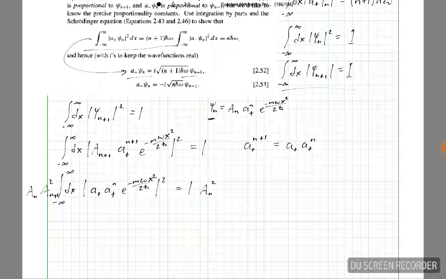And now, to follow Griffiths' lead here, to keep the wave functions real, I'm going to multiply it by a negative.